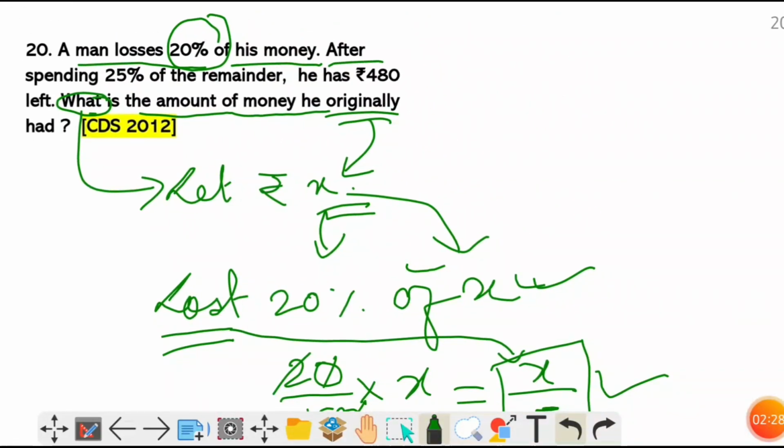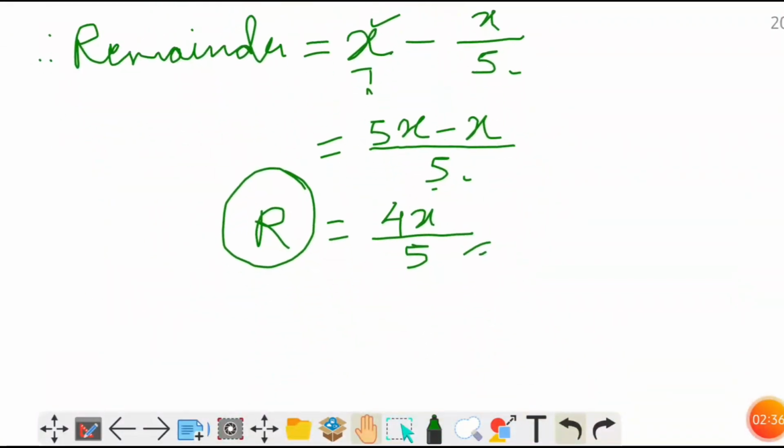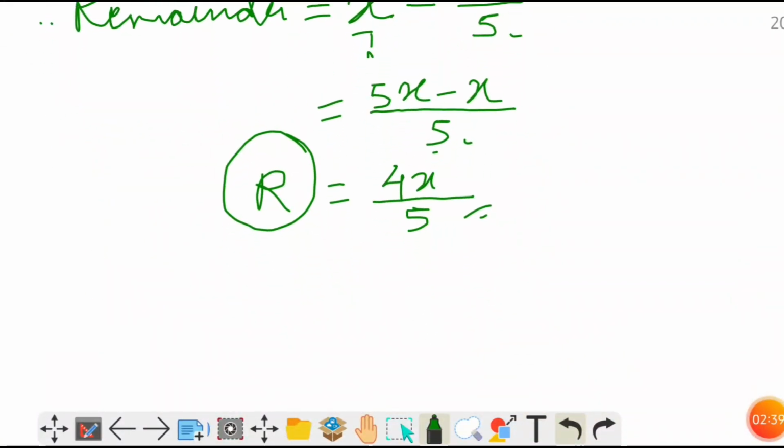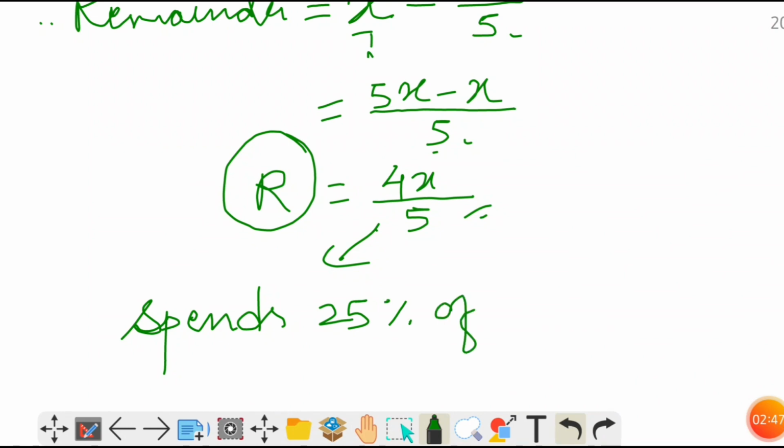in the question it is said that he spent 25% of the remainder. Again, out of that remainder he spent 25%. Now again we have to find out the 25% of 4x by 5. So he spends 25% of 4x by 5.